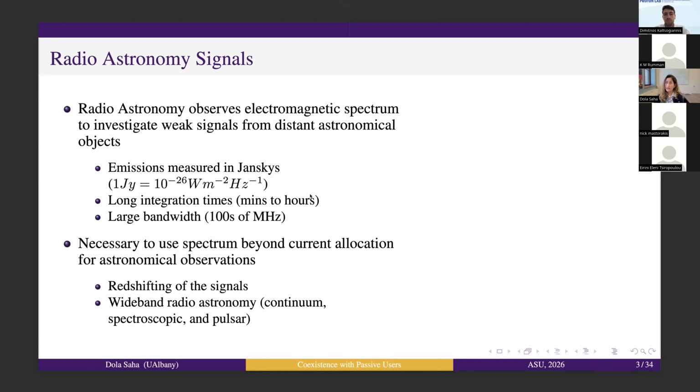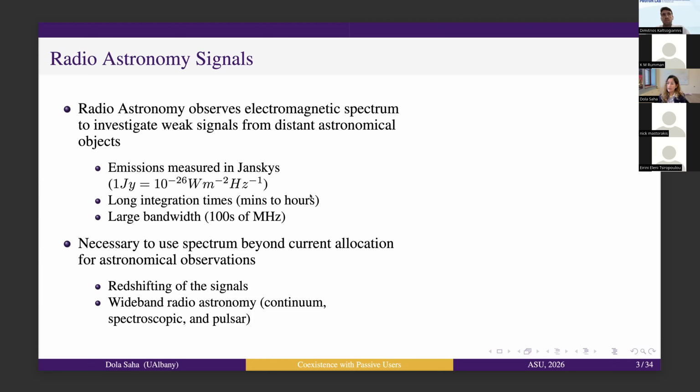The issue is that radio astronomy needs to receive in a wider spectrum than what it has been allocated, for two reasons. One is redshifting of the signals. That happens when the cosmic objects move, and due to the expansion of our universe, the signals shift in frequency, and that is called redshifting.